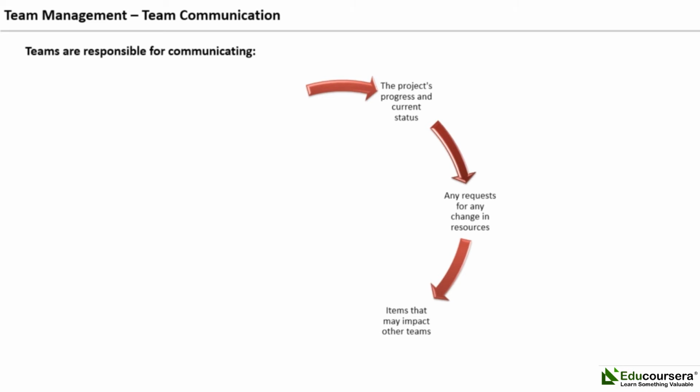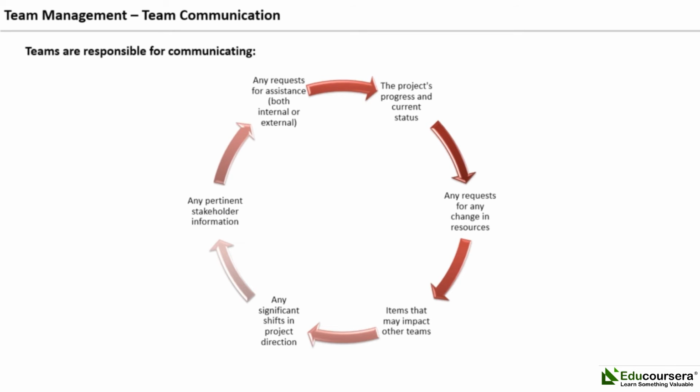Teams are responsible for communicating the project's progress and current status, any requests for any change in resources, items that may impact other teams or departments, any significant shifts in project direction, any pertinent stakeholder information, any requests for assistance, both internal or external.